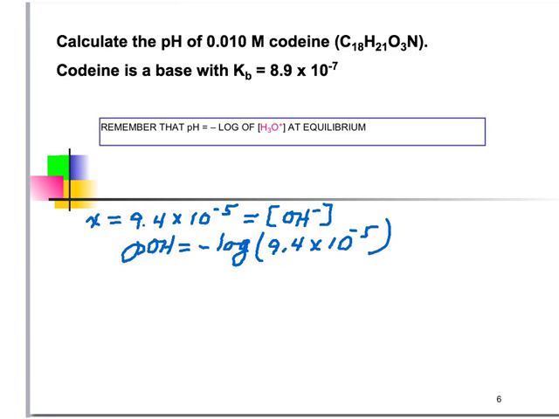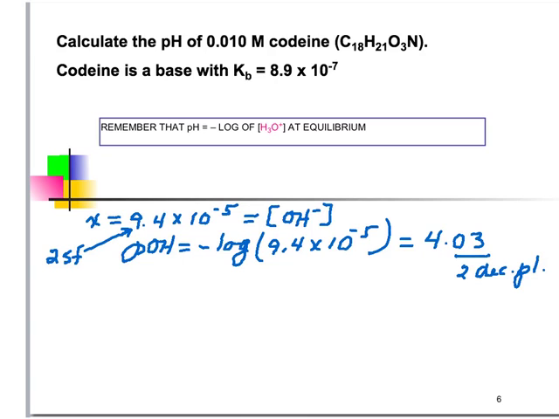That comes out to be 4.03. Note that in my logarithmic number, my answer to the log problem, I have 2 decimal places, because up in my original number, I had 2 sig figs. 2 sig figs goes to 2 decimal places.